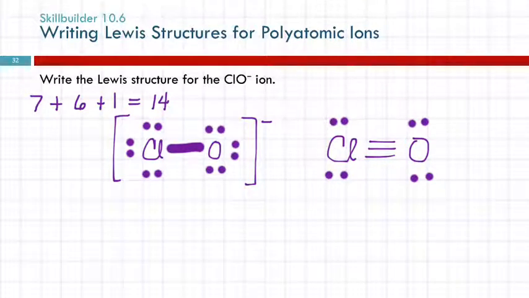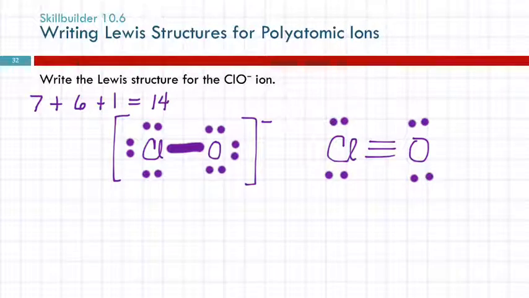Why not? Well, how many electrons does chlorine have now? 2, 4, 6, 8, 10. It's too many. So that's not an octet. Did I do that right? 2, 4, 6, 8, 10, 12, 14. Yeah.